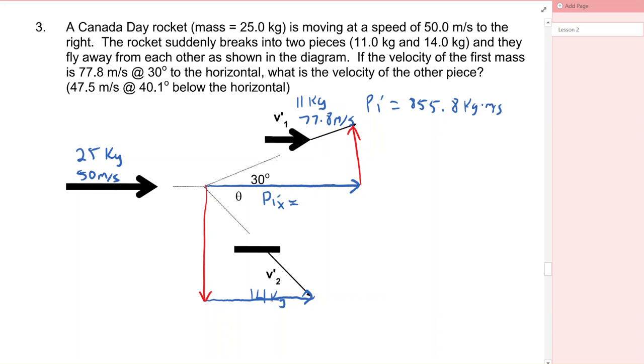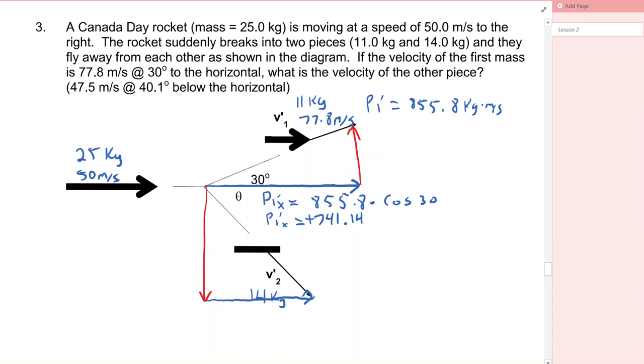So now the momentum in the x is going to be 855.8 times, and this is the adjacent side, so it's going to be cos 30 degrees, right? So the momentum of 1 after in the x will be 741.14.